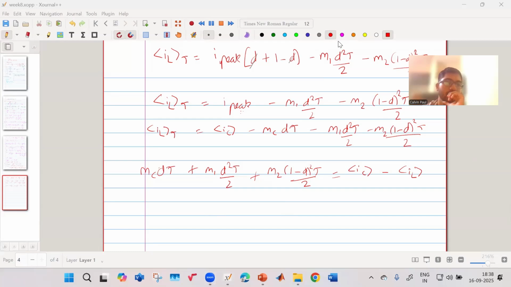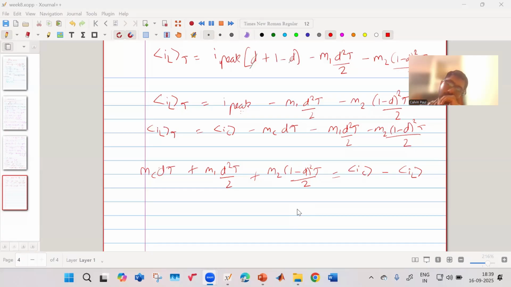We can write IL tilde minus IC tilde by using Taylor series expansion. Okay. What about this D term? While taking D tilde, we keep the other ones constant.